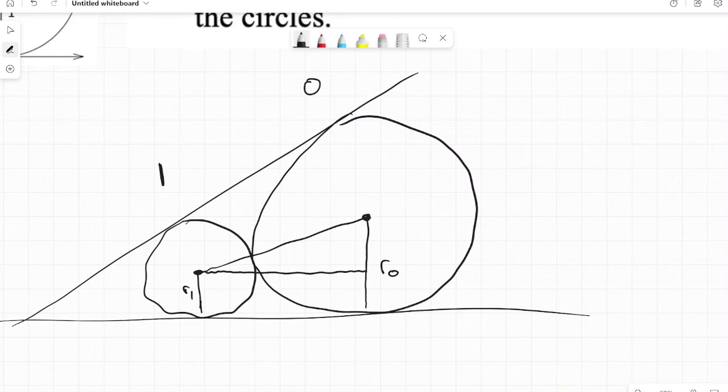Well, if we know this little section up to here, it's going to be R1, because that's another radius of a circle, right? Because these circles are tangent. And this one must also be R0. So that's interesting. The hypotenuse is R1 plus R0.